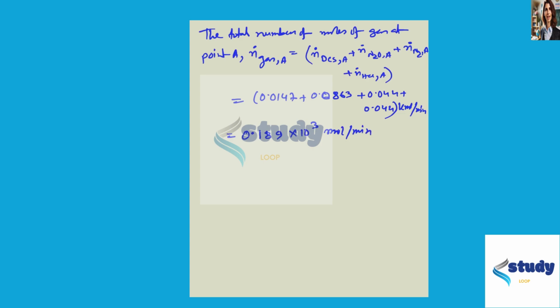We get kilomole. Let's convert it to mole per minute, 0.189 multiplied by 10 to the power 3 mole per minute.